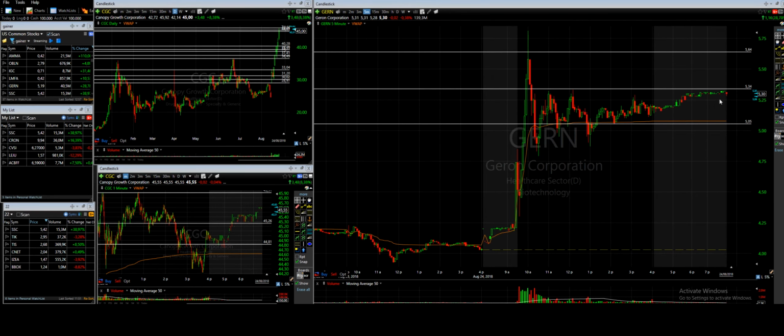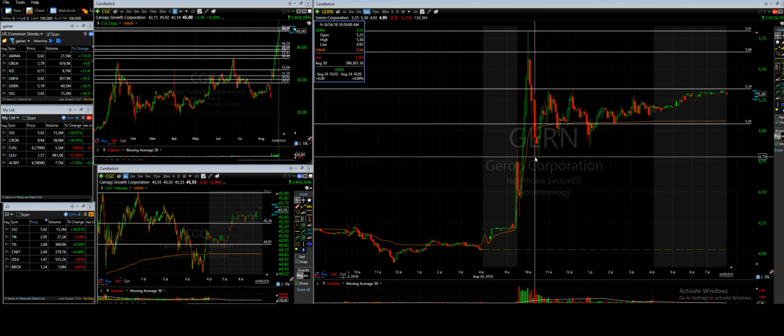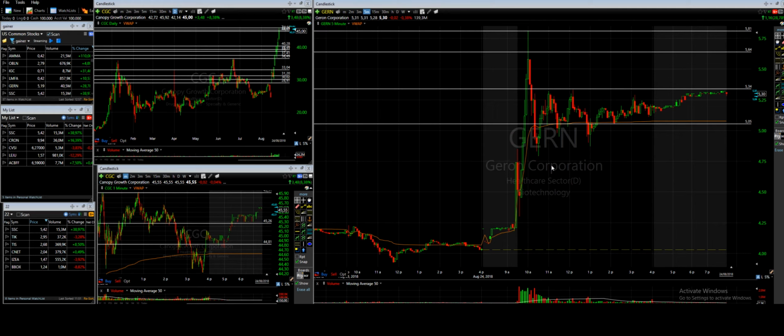I could also see myself shorting if we spike on a parabolic move to 575, so towards the high, risking off the high itself. Other than that, we got a lot of support here and there, so I'm just not really willing to short if we just kind of break down.